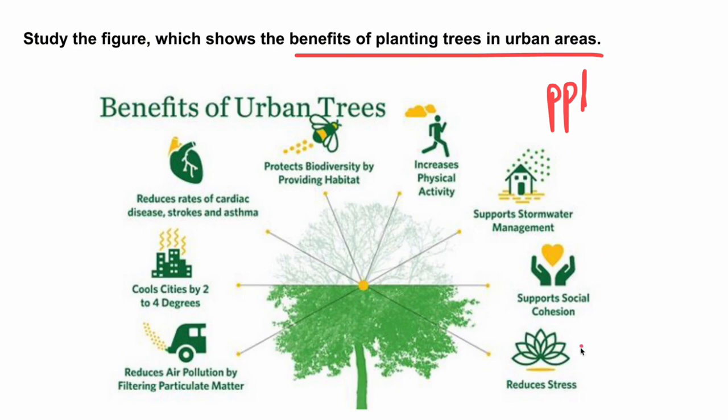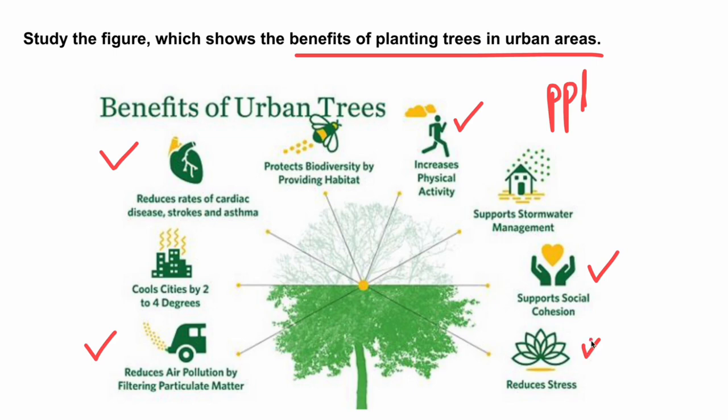The very obvious ones are this: reduce stress, social cohesion, increase physical activity, reduce rates of cardiac disease, so on and so forth, reduce air pollution by filtering particulate matter. So out of these 5 things, you need to relate it to the idea of how people benefit.